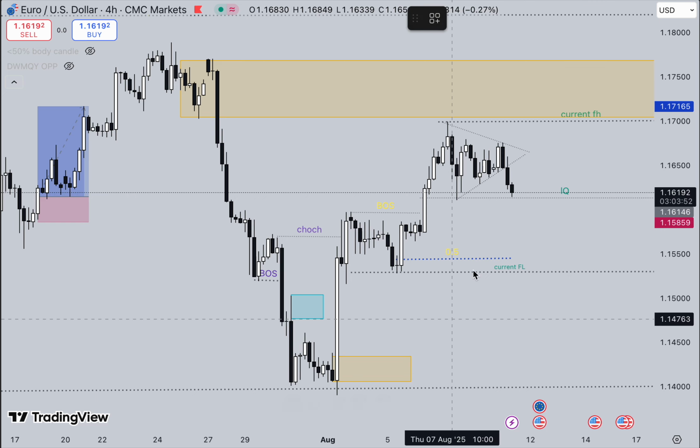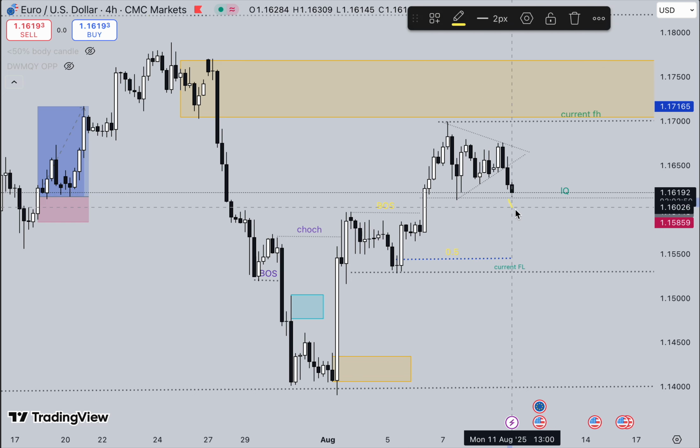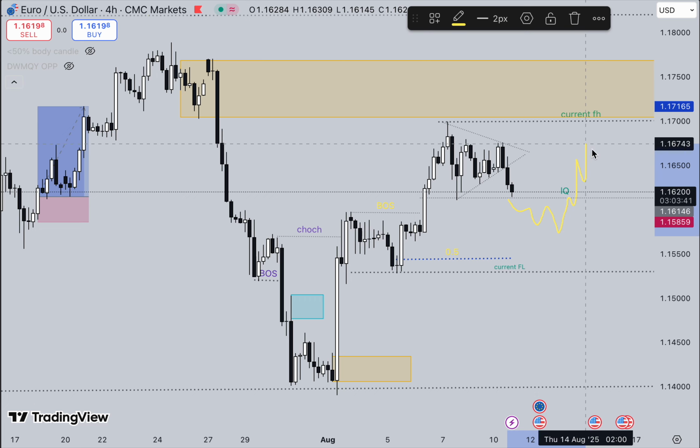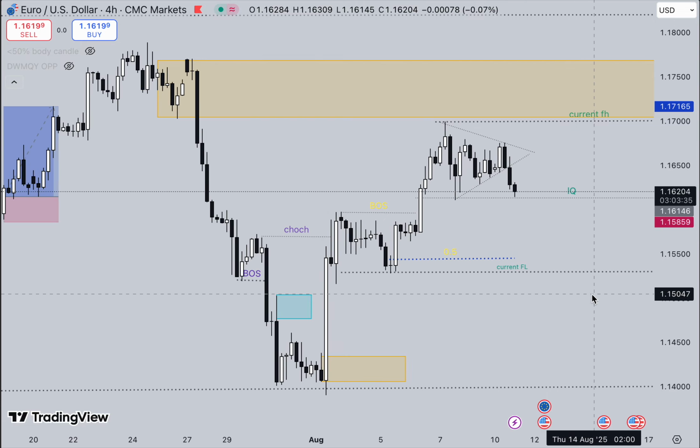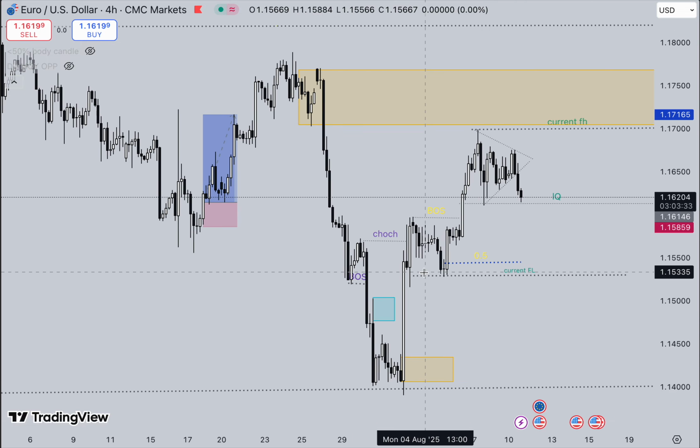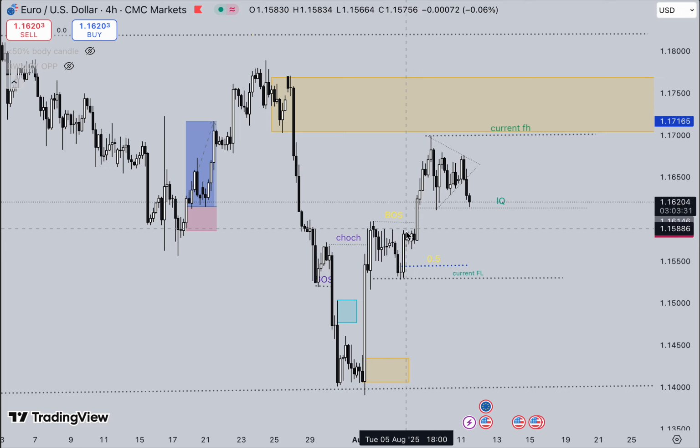So we could see something like this, maybe a sweep of this low and then break up, change of character, and then we keep on going up. So that's the target for EU. Also, this demand level is a nice place to trade from, where we grab liquidity from here.